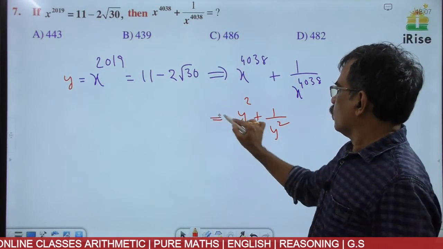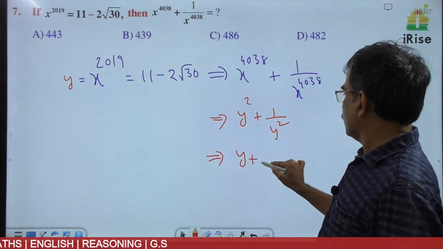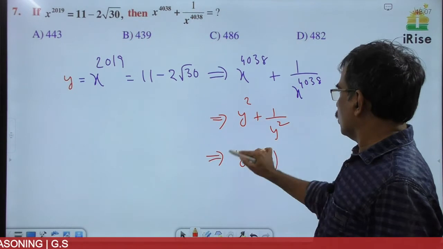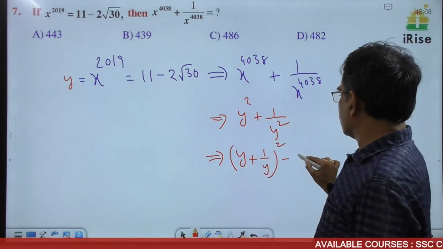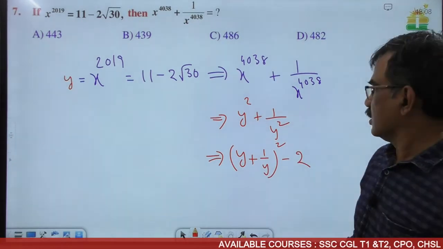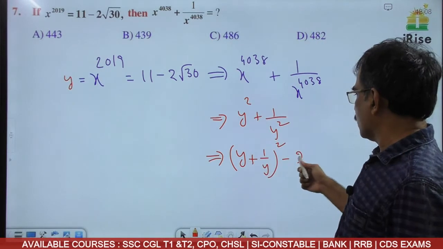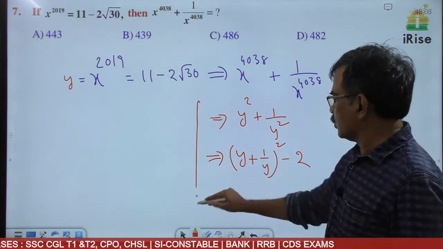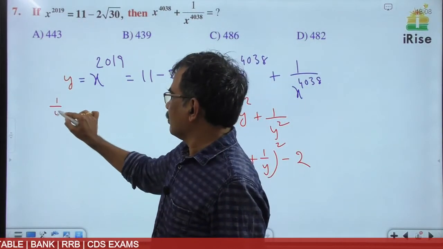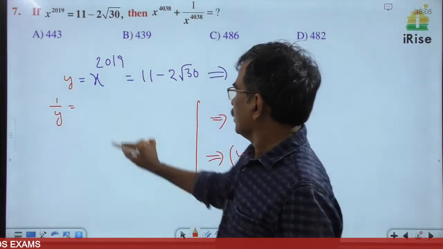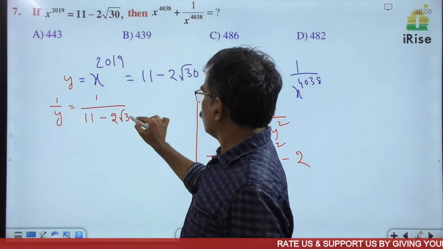So what is y square plus 1 by y square? This is nothing but y plus 1 by y whole square minus 2. We solve this later. First I want to write what is 1 by y? 1 by 11 minus 2 root 30.